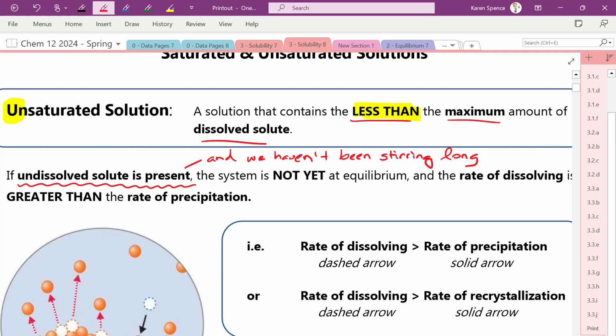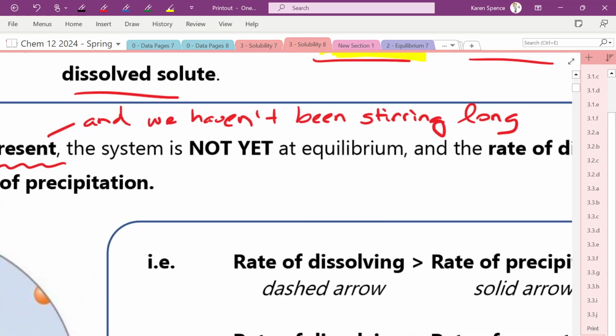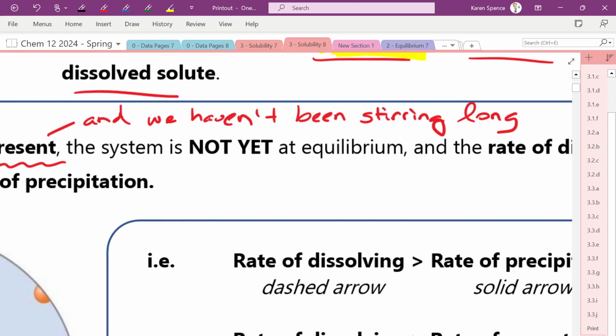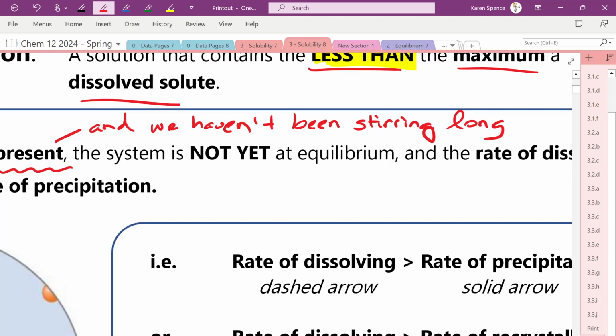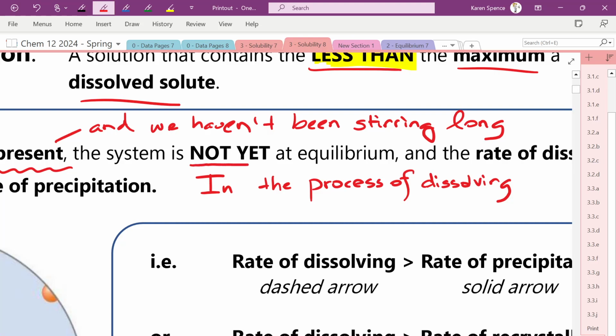And we haven't been stirring long. We are in the process of dissolving. If that is the case, then the system is not yet at equilibrium.